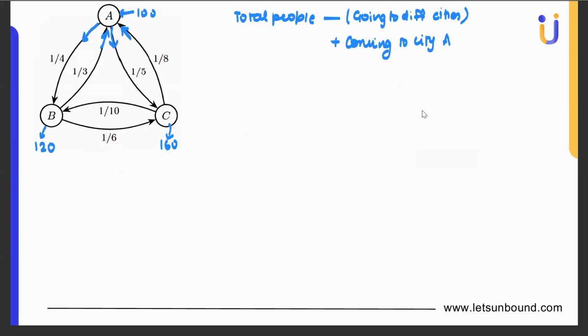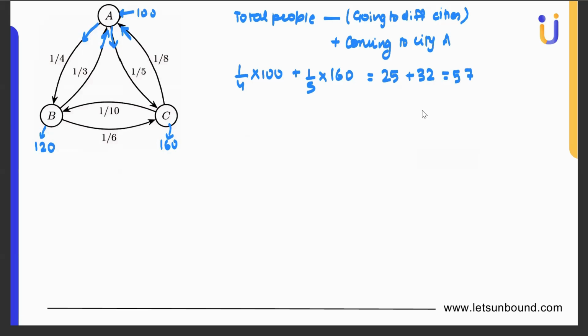So 1/4 from here are going to city B, and 1/5 are going to city C. So 1/4 of 100 and 1/5 of 160 are the people who are going to work in city B and C respectively. 1/4 of 100 is going to give you 25, and 1/5 of 160 is going to give you 32. This gives you the answer as 57 people who are going to different cities to work.